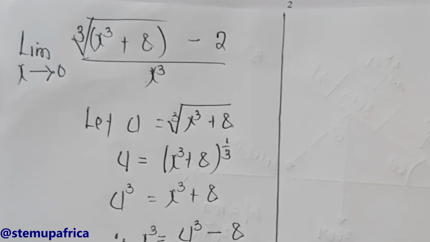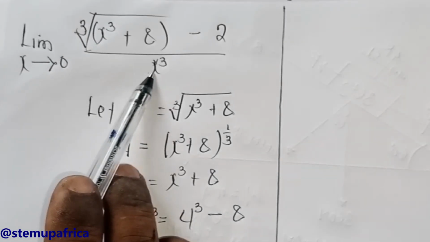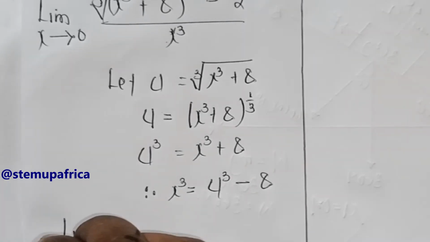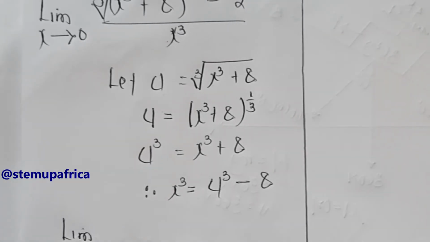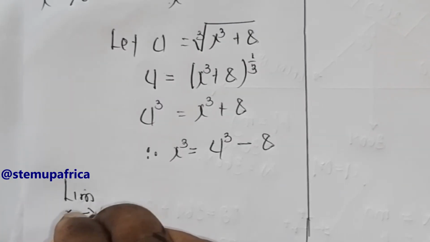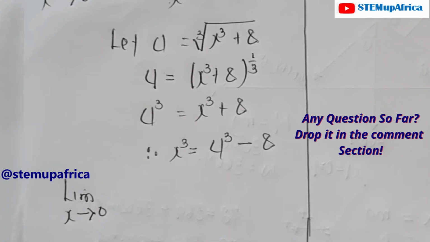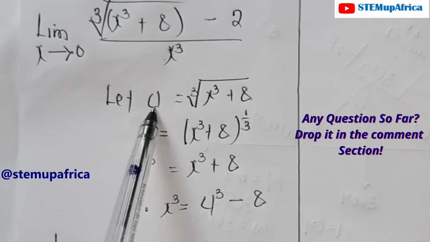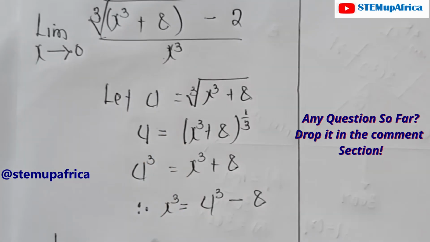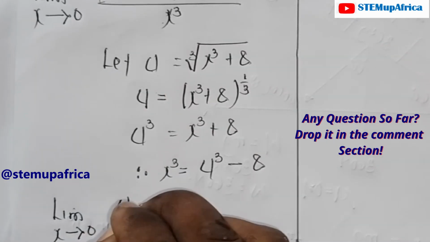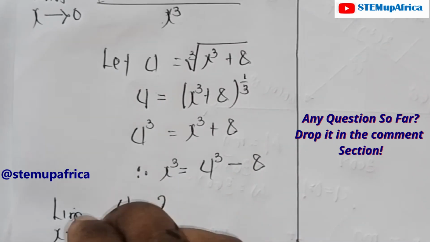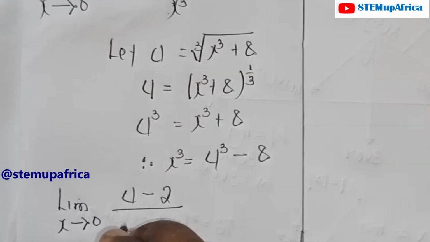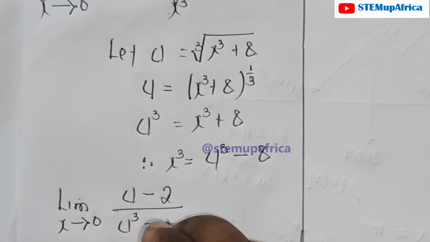So let's substitute for s cubed here. We are having the limit as x tends to 0, where the whole of this cube root is replaced with u, so u minus 2, over, in place of s cubed, u raised to power 3 minus 8.